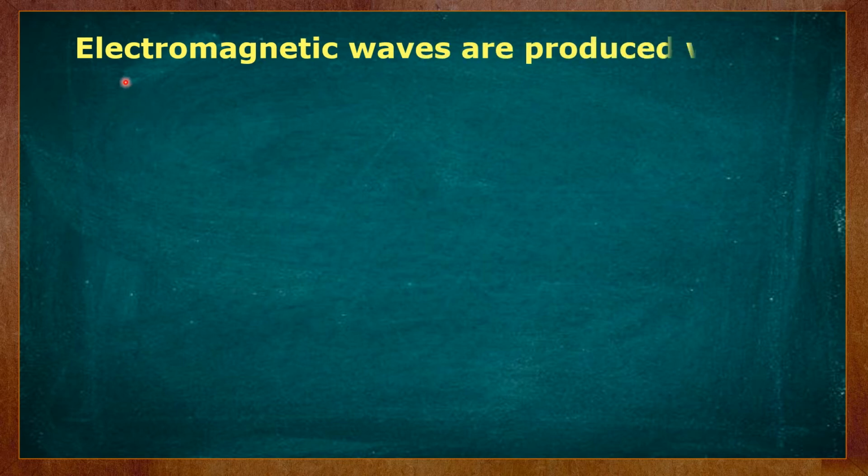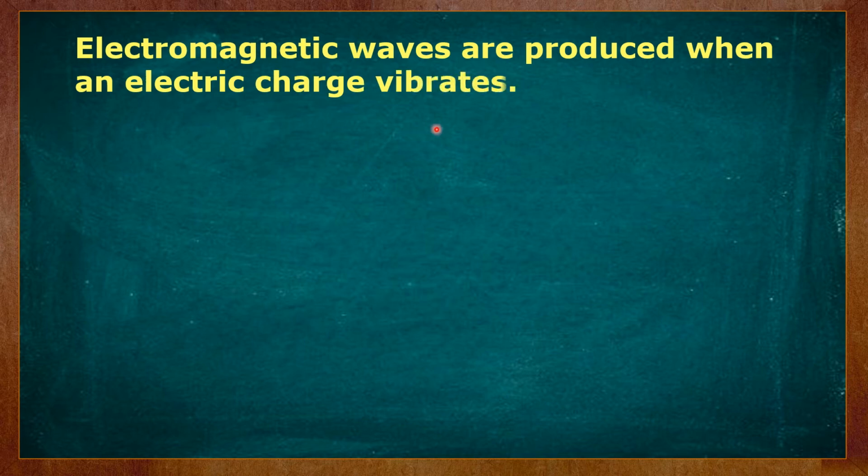So here, how electromagnetic waves are produced. Remember, a vibrating electric charge produces electromagnetic waves. Electromagnetic waves are produced when an electric charge vibrates. When water particles are vibrating, water waves are formed.